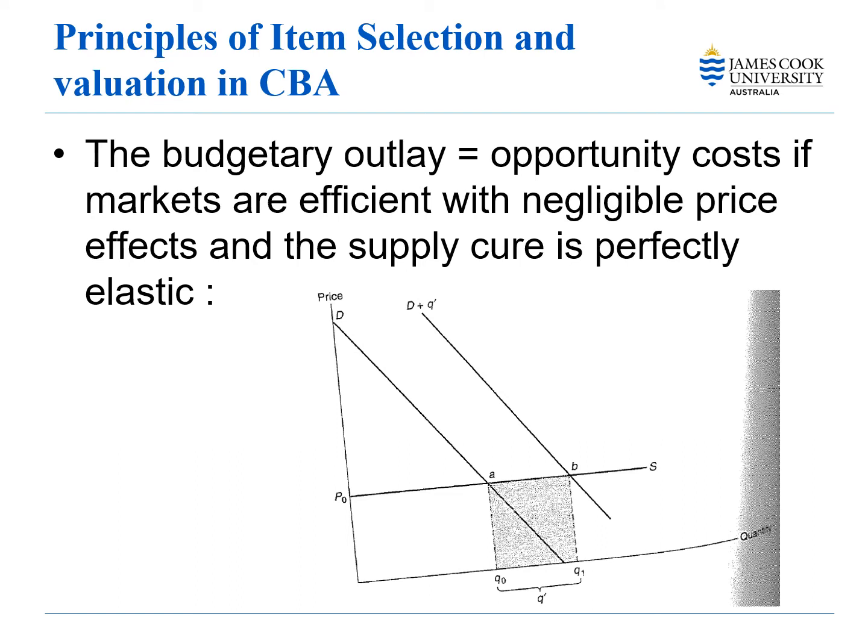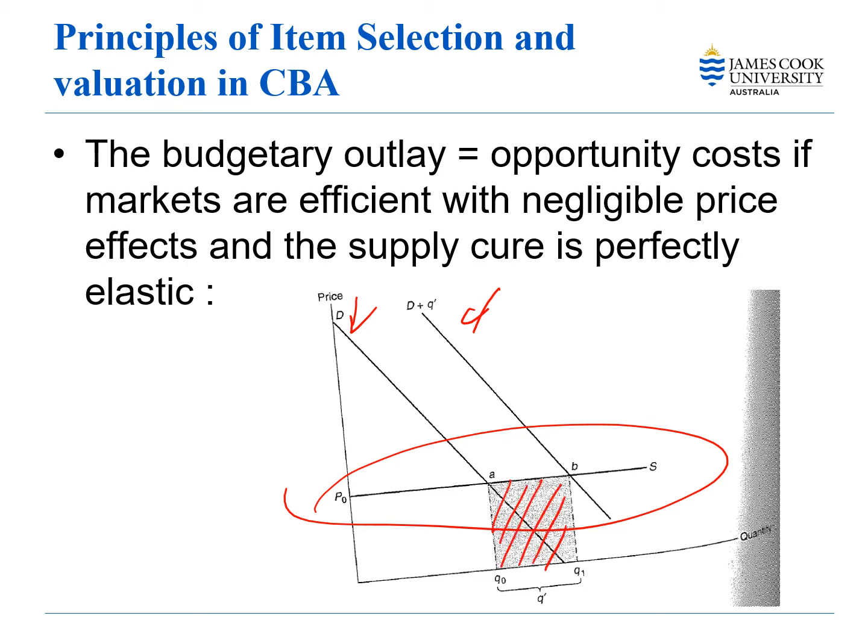This is the case, where the budgetary outlay is equal to opportunity cost, if markets are efficient with negligible price effect. The supply curve is perfectly elastic, the supply curve is horizontal. This is the demand for trucks without the project, this is the demand for trucks with the project, and the cost of purchasing trucks for my project is just equal to the price times the quantity.